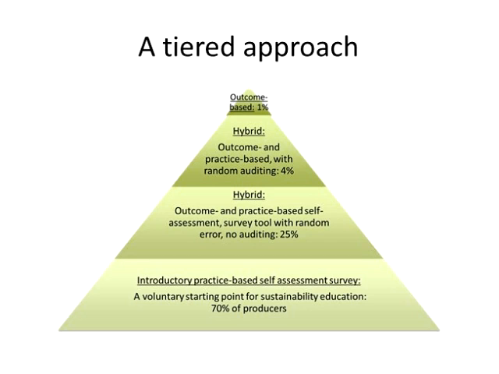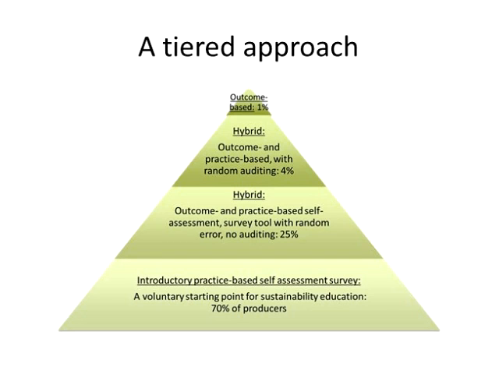So if we start in the pyramid diagram at the bottom, maybe it would be reasonable that 70% of producers of a particular commodity would be involved in an introductory practice-based self-assessment survey. That may be a voluntary starting point for sustainability education, just to get the word out there about sustainability in some of the self-assessments, but not to create an overly cumbersome or invasive program.